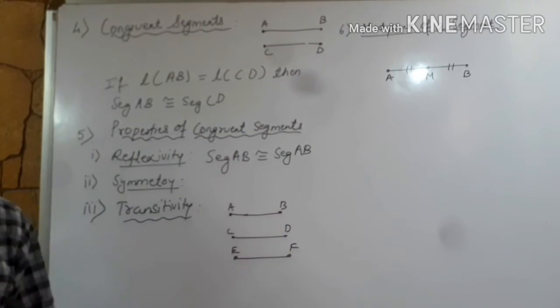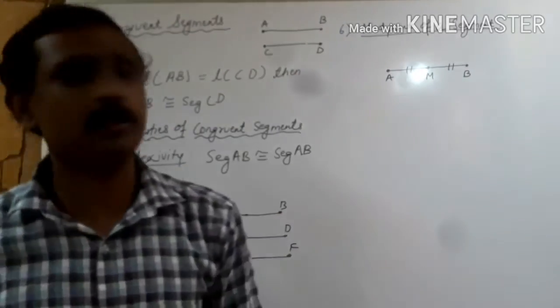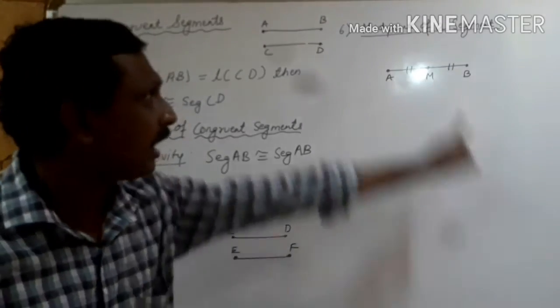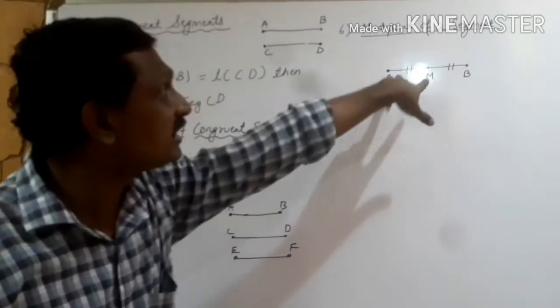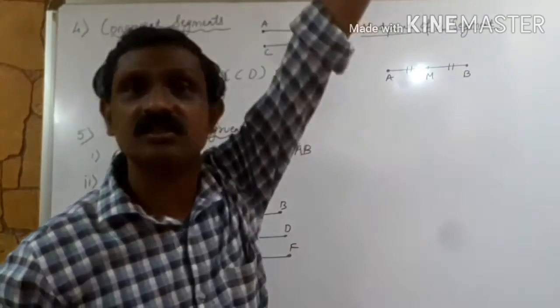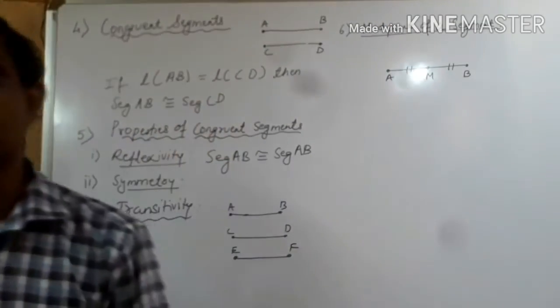Look at the segment properly. I have drawn a segment AB with the midpoint M, and these two marks tell that this is congruent to this.